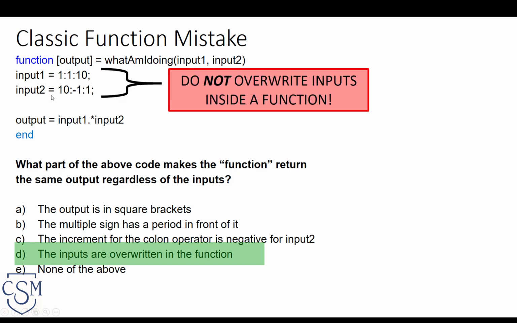So I see this happen all the time, is that people overwrite their inputs, and what that does is it gives you a function that's not very useful. Regardless of your inputs, it's always going to give you the same output. So be very careful. Never, ever redefine an input from a function. You can do manipulations based on that, but never redefine a function input.